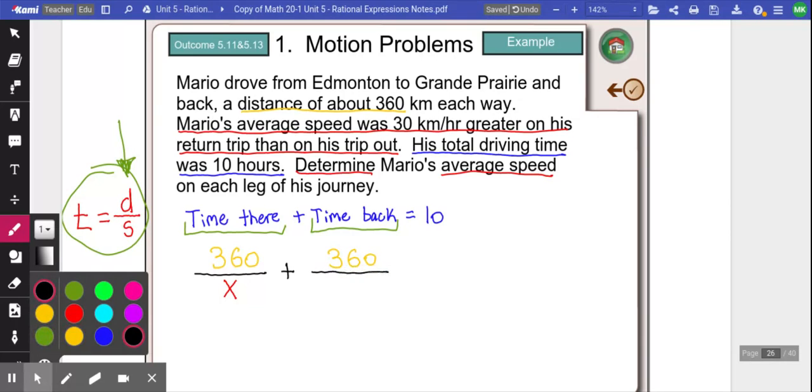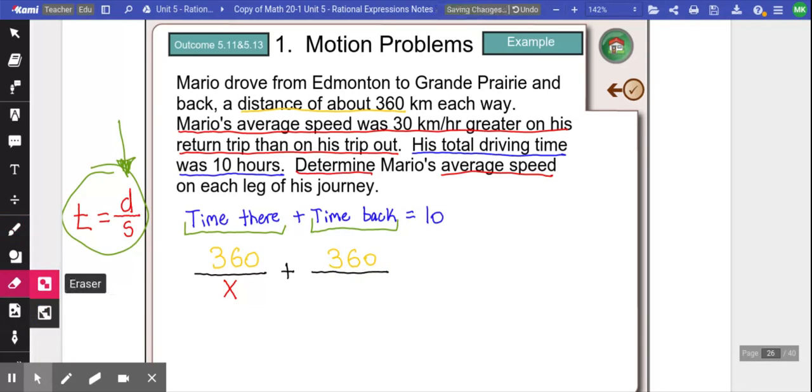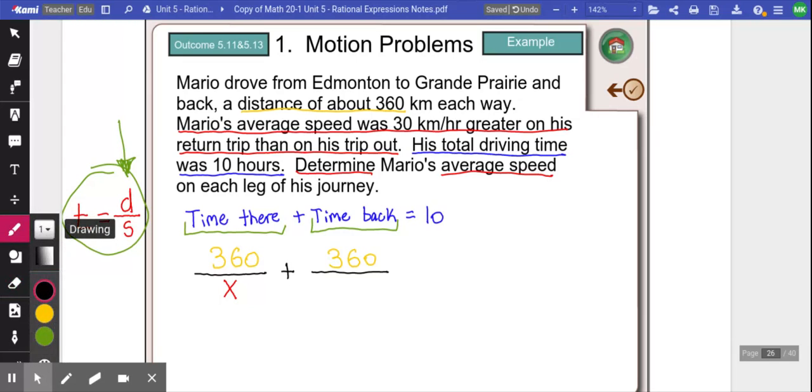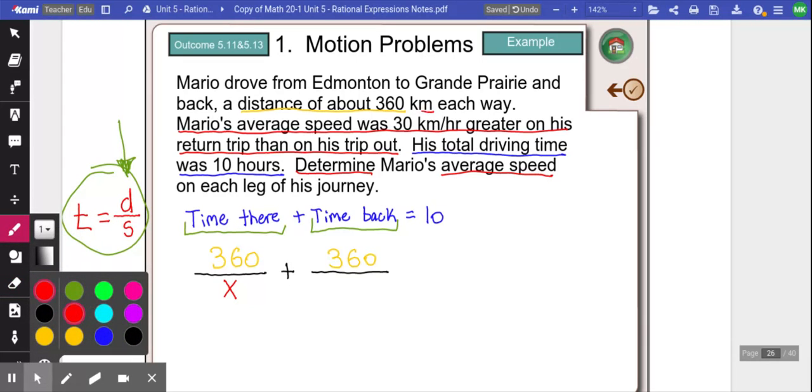Divided by, and this time it's not x, because the question said it was 30 kilometers greater on his return trip. So on my way back, it was x plus 30 kilometers because I was going 30 kilometers an hour faster. And of course, it still equals 10.